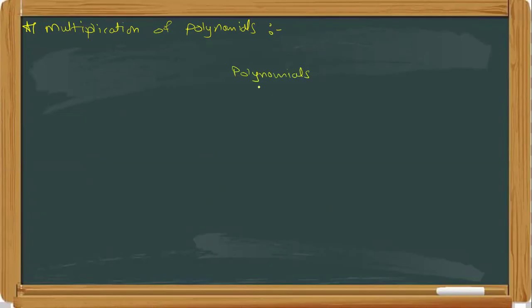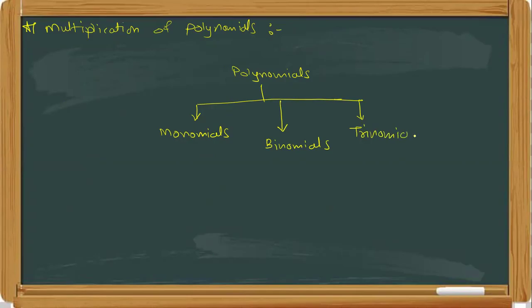First, there were monomials, then binomials, then trinomials, and lastly polynomials.